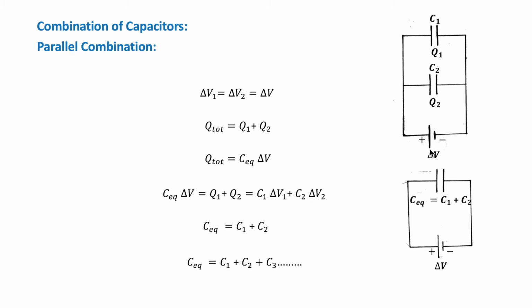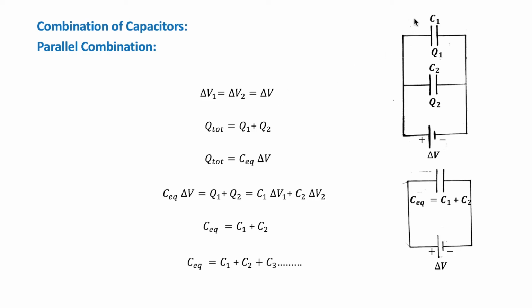So if two capacitors are connected in parallel, as shown here, the right and left plates of both capacitors are connected to the same battery side, and so the potential difference across both is equal to delta V. So delta V1 is equal to delta V2 and is equal to delta V.